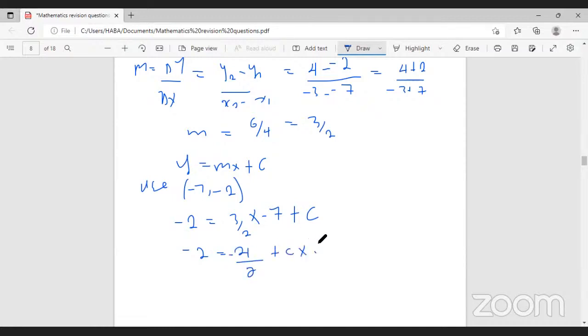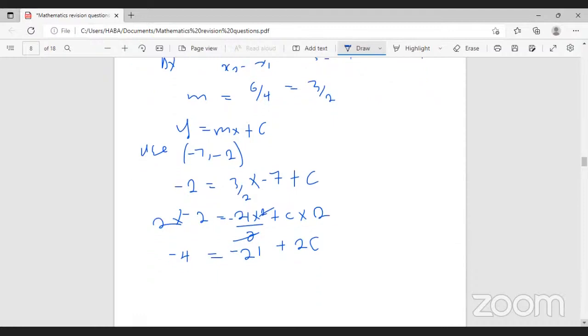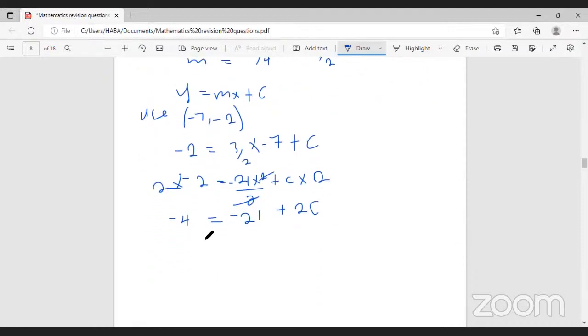So we can multiply by 2 on each term. So we have 2c, 3 plus 6... -4 is equal to -21 plus 2c. Are we there? Yes, we are there. So we bring the terms together.